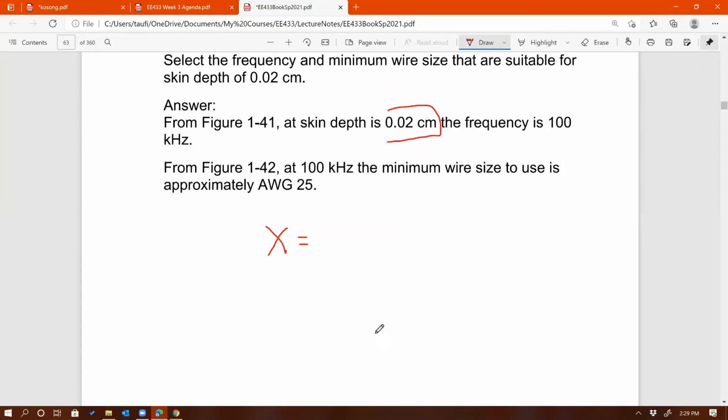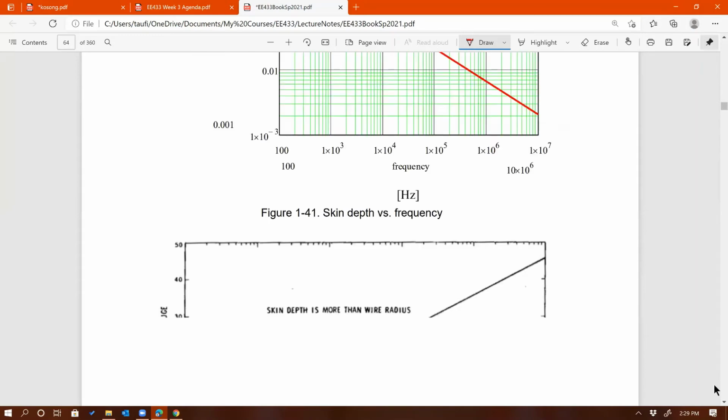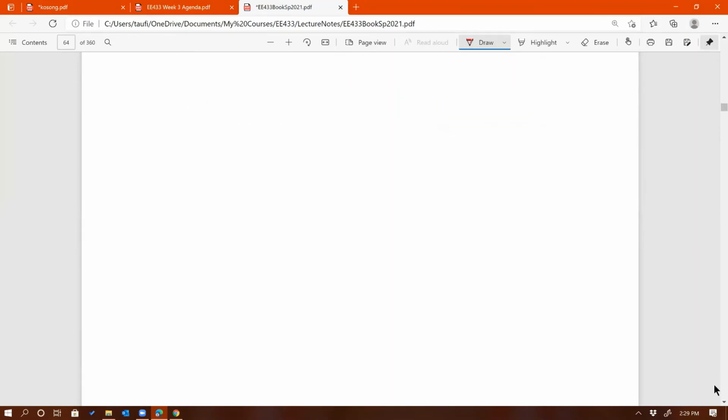Would we have ohms for that? That's correct. Yes. The y-axis is ohms because it's resistances. Perfect. Thank you. Okay. So it looks like for this example, I used centimeters for skin depth. Okay. Any other questions?